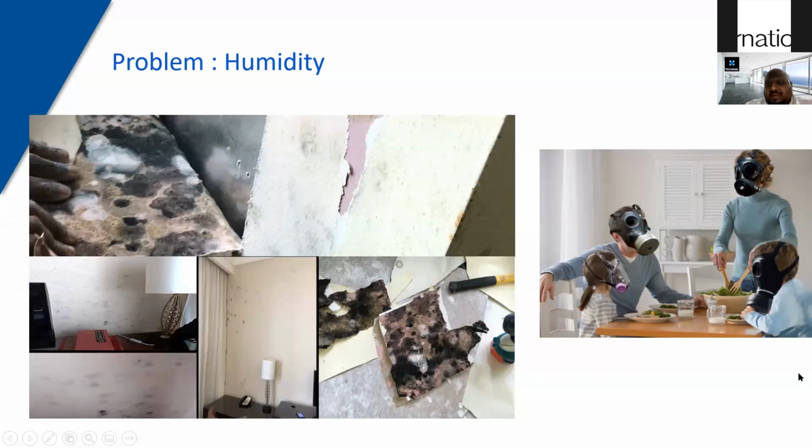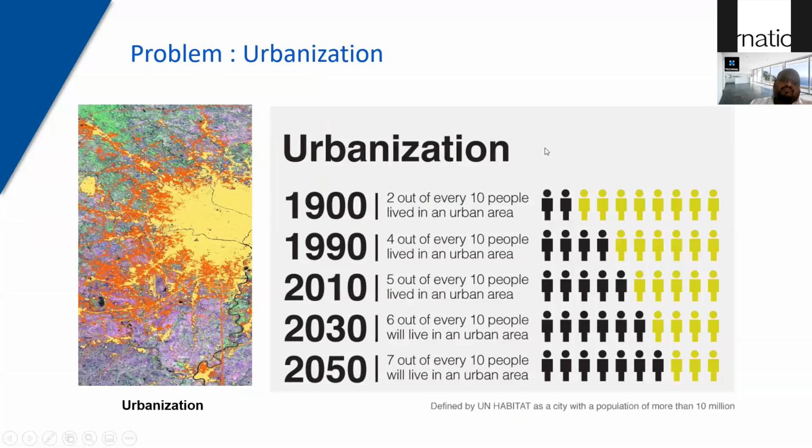Especially during these pandemic times, you're spending more and more time inside rooms, inside buildings, and these pose a huge threat to human health. Okay, this picture is a bit exaggerated, but one would understand that if this kind of fungi is constantly exposed to us as humans, it poses a lot of risk and issues.